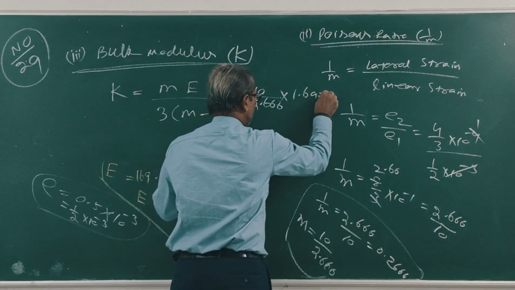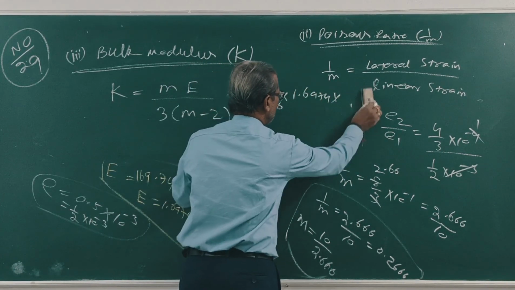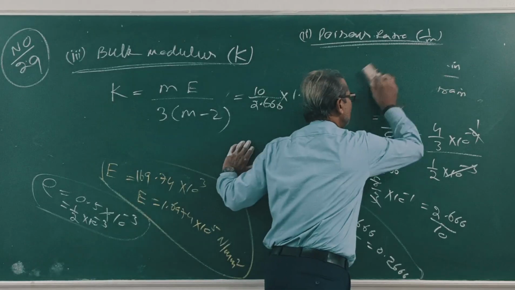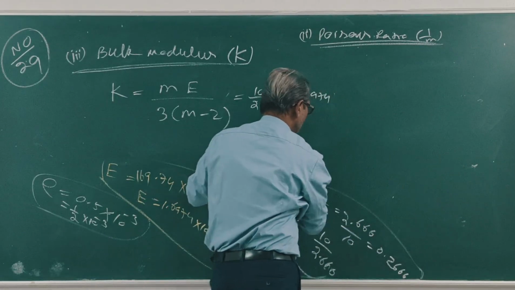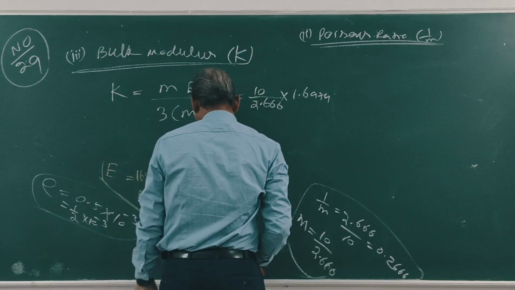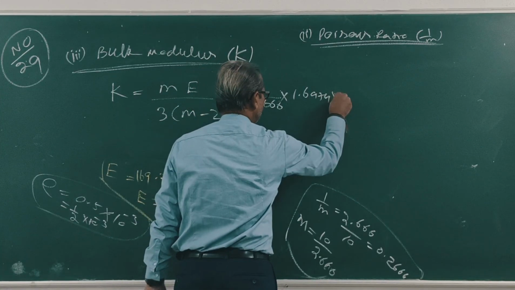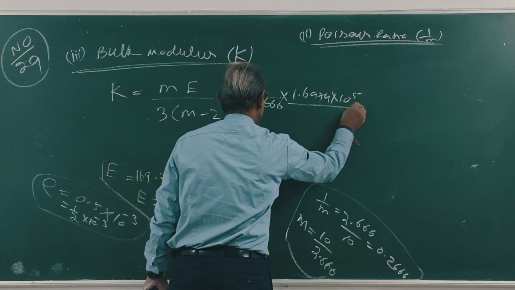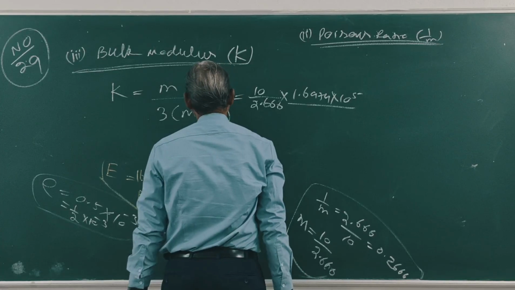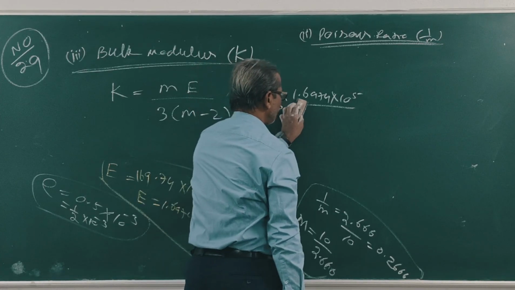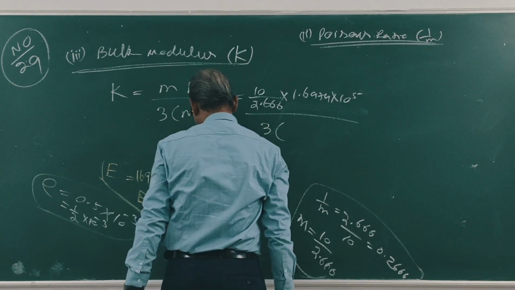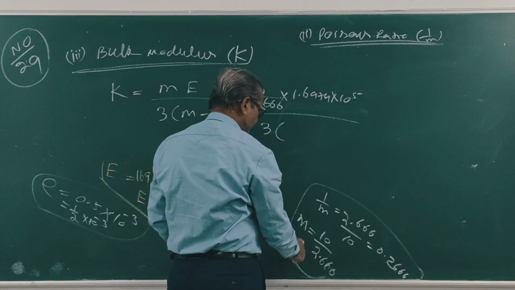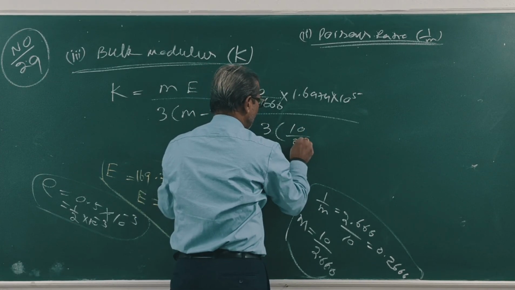By 3 into m minus 2. What is m? This m is 10 by 2.666, minus 2.